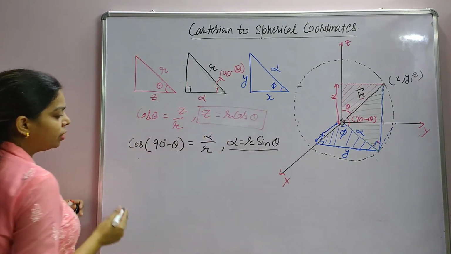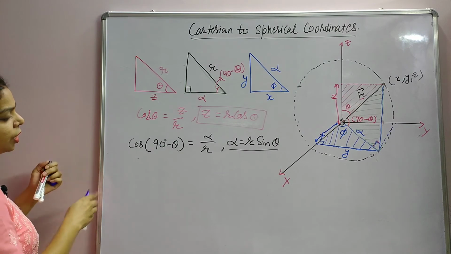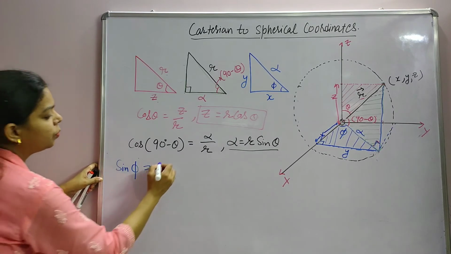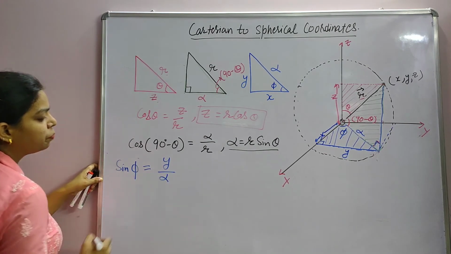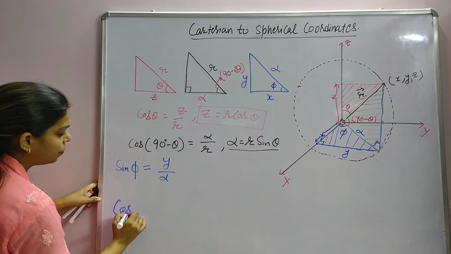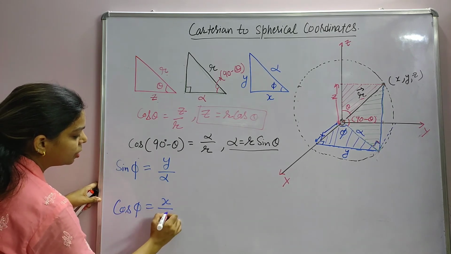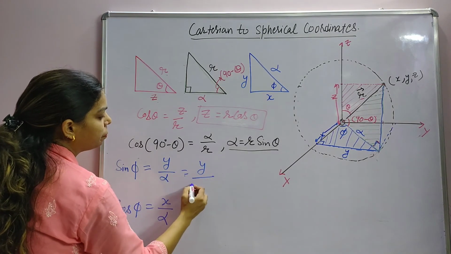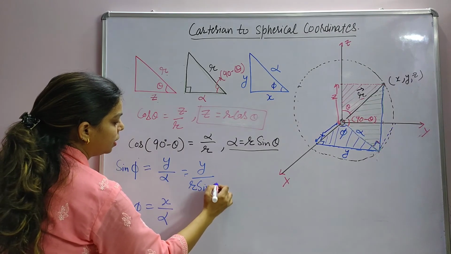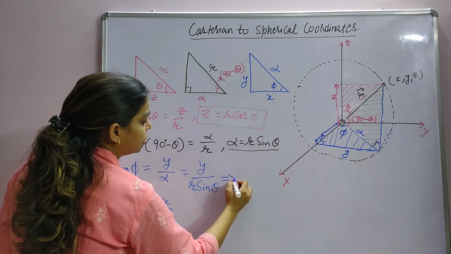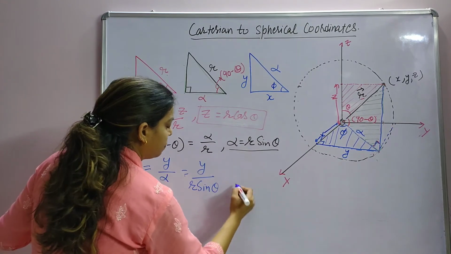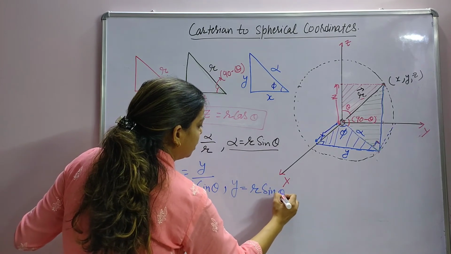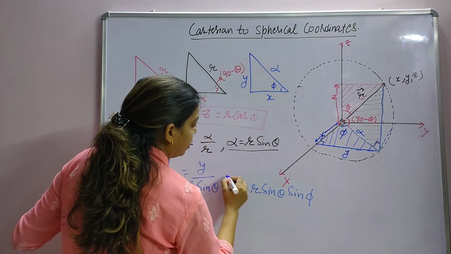Now come to the third triangle. From the third triangle we will have sin phi is equal to y upon alpha and cos phi is equal to x upon alpha. If I substitute the value of alpha here, I will have y upon r sin theta. Hence y will be r sin theta sin phi.